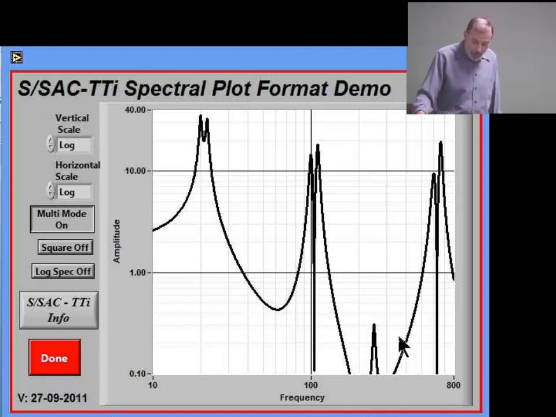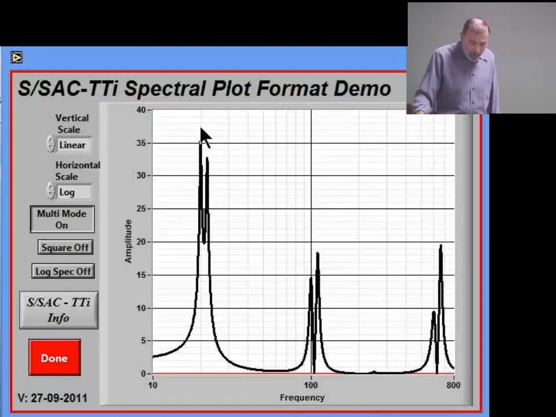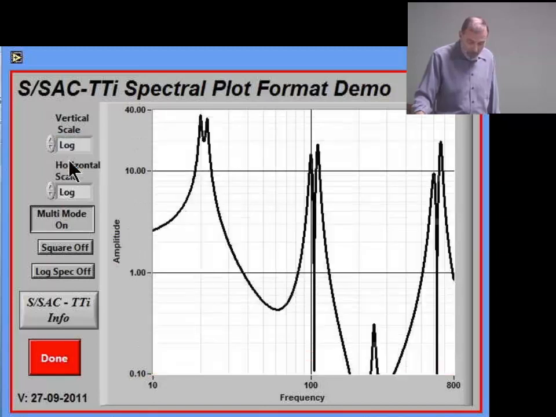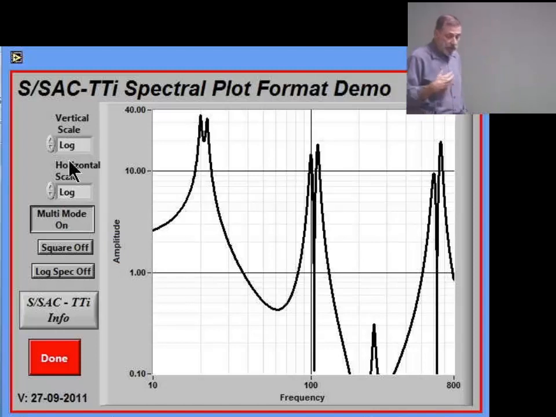In return, with linear, I can really easily tell the difference in magnitude of the things that are big. And in log, they don't look so big. Okay? It's all the same data, but we can change the look of it by the choice of plot format.